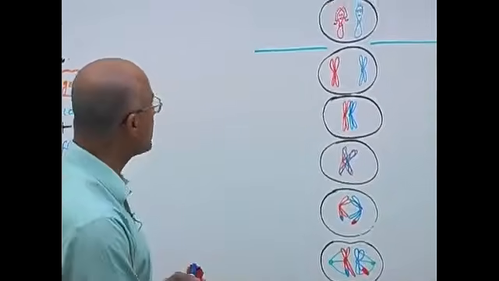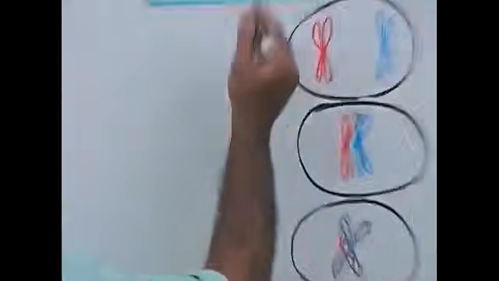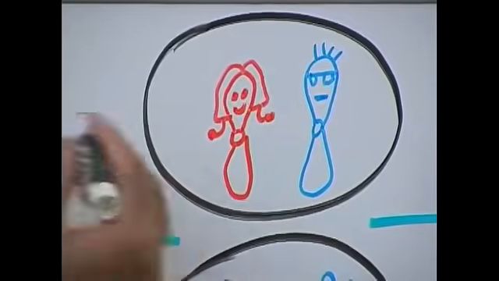So let's first discuss the basic concepts of meiosis. Let's suppose these are early germ cells. For example, this is a germ cell.